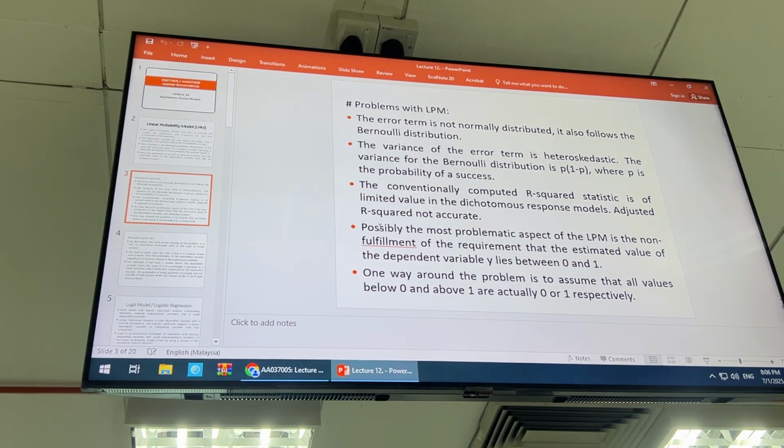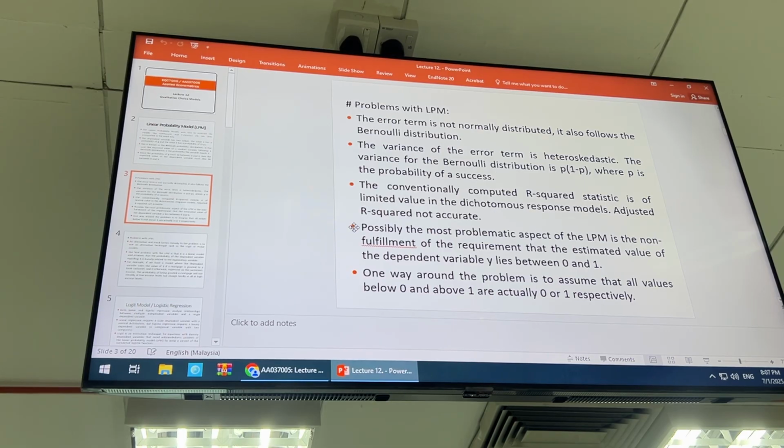must be between 0 and 1. But when we regress the dummy variable against other regressors, it's possible that our y hat fitted value is not between 0 and 1. It's possible that it is less than 0, and also possible that the fitted value is greater than 1. One way around the problem is to assume that all values below 0 and above 1 are actually 0 or 1 respectively.